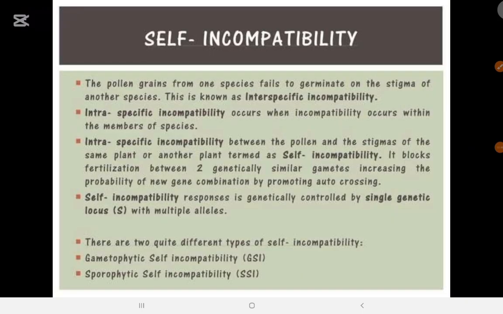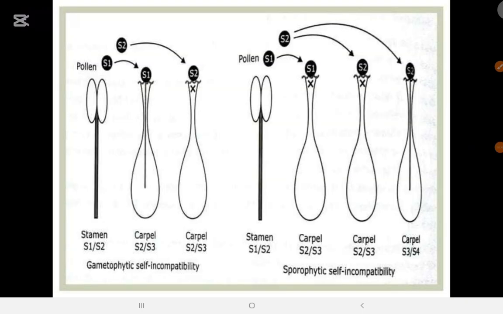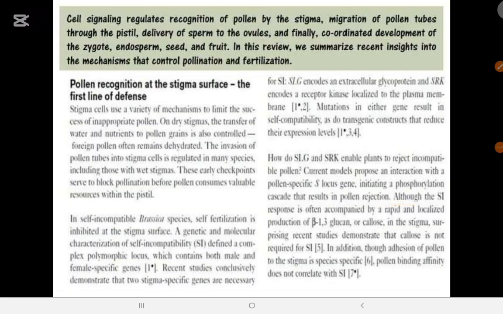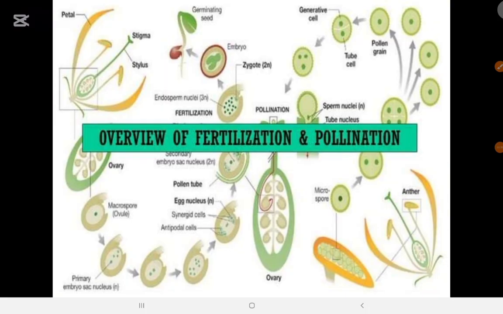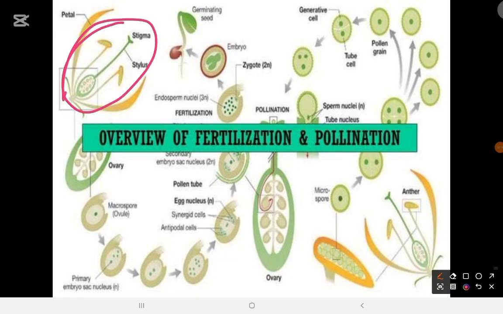All right. Now let's talk about the fertilization process. So in summary, this is how the fertilization actually takes place. We'll begin from here. So you see that the ovary, there's transfer of pollen from anther to the stigma, okay?